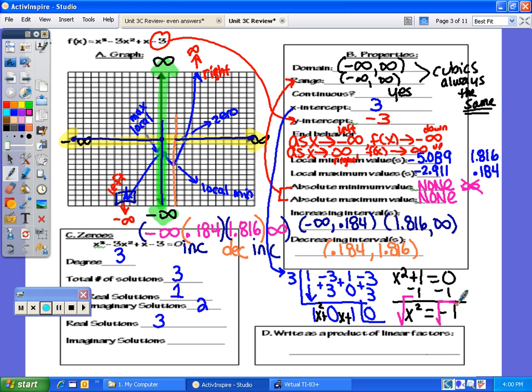Whenever you take your own square root, make sure that you put a plus minus on the outside, because when you take a square root, you really can have two answers. So now I'm going to separate this. That negative goes on the outside, that's my i. The other one is the square root of 1, which is 1. So I'm going to wind up having two answers, plus or minus 1i.